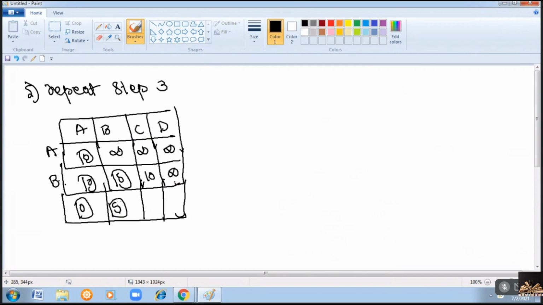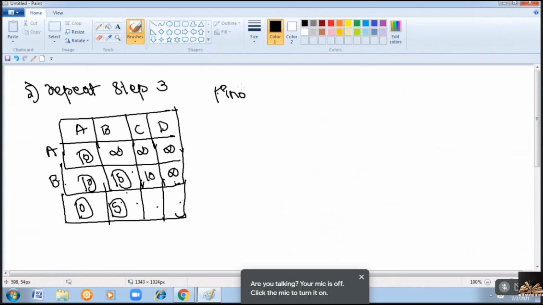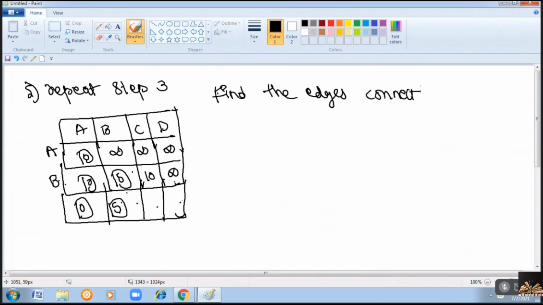So what you have to do is identify the edges which are connected directly to B. When you see the graph, which edges are connected directly to B?